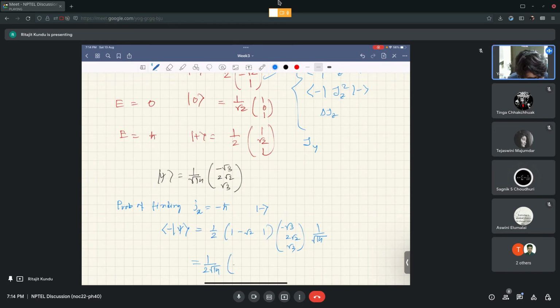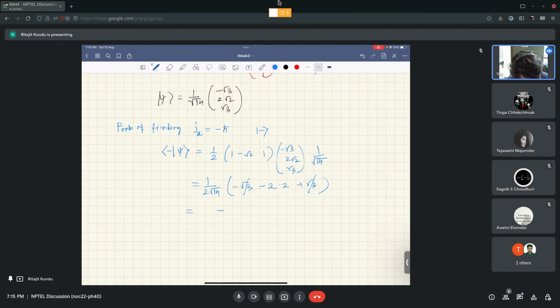So then it becomes minus 3, and minus 2 times 2, and plus square root 3. The square root 3 cancels, and I am only left with minus 4 by 2 square root 14. I will cancel the 2 from top and bottom, so 2 by square root 14. So this is the overlap.